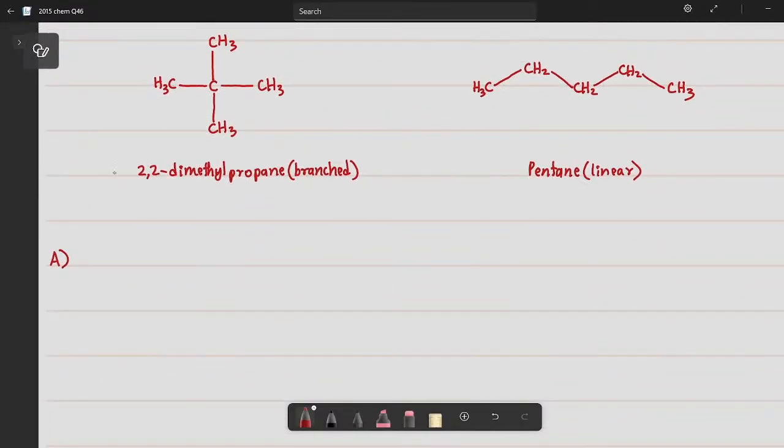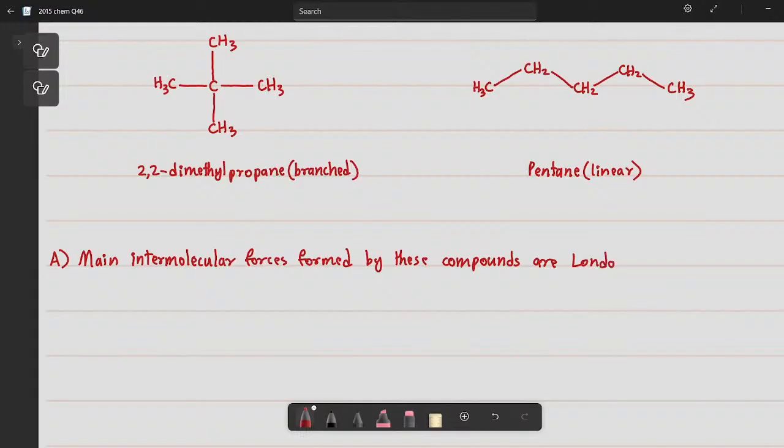Since they're both alkanes and hydrocarbons, the main intermolecular forces formed by these compounds are London forces, or you can call it van der Waals force or London dispersion force.